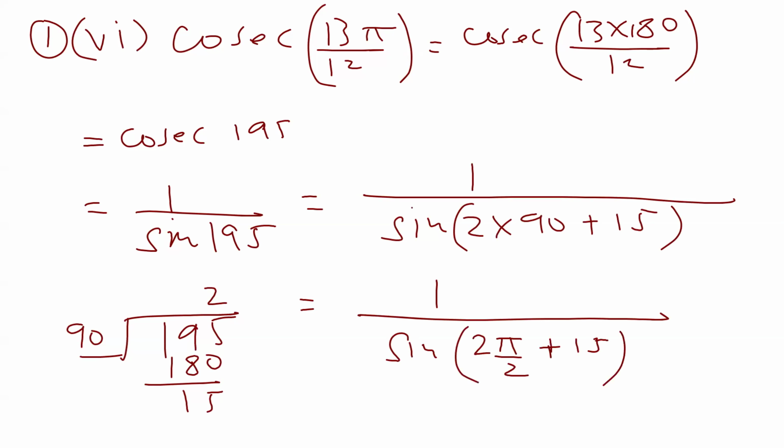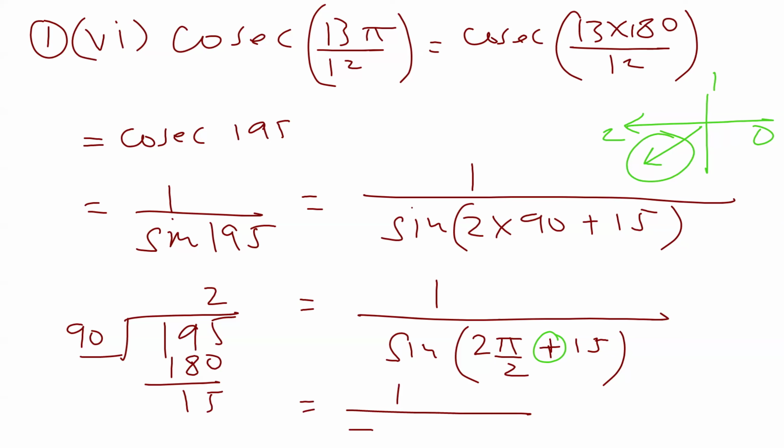Now see, 0, 1, 2. So 2 pi by 2 is over here. Plus indicates anti-clockwise direction. So in this particular quadrant, the sign is negative, and 2 pi by 2 is on the x-axis, so sine remains sine 15. Now 15 is not a standard angle. So I'll write this as minus 1 upon sine 15.